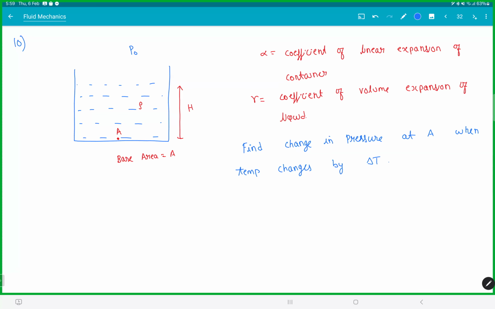If this was a simpler question, mains level also, they would ask: if the temperature increases, what happens to pressure at A? Increases, decreases, depends on the values of alpha and gamma, can't say. So something of that sort. That would have been the theoretical options, but let's calculate numerically. That would be a little more work.